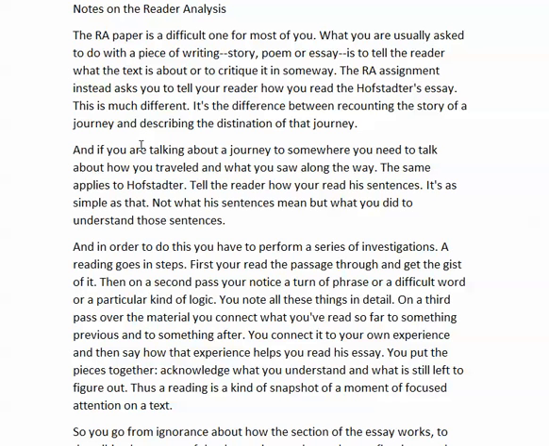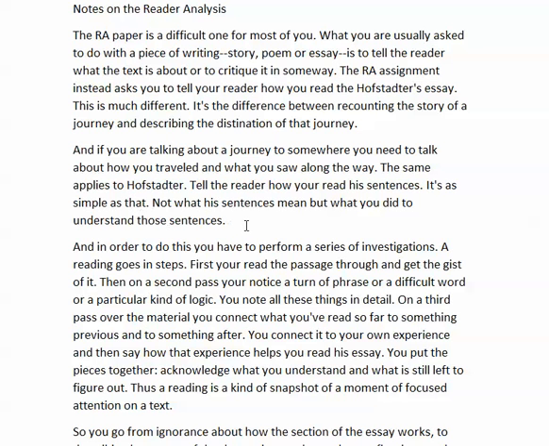This is much different. It's the difference between recounting a story of a journey and describing the destination of that journey, or where it is that you ended up. And if you were talking about a journey to somewhere, you need to talk about, in this case, how you traveled and what you saw along the way.